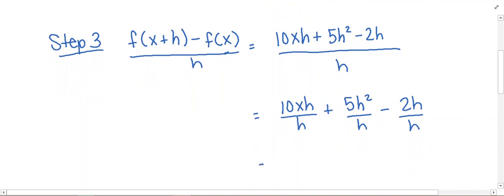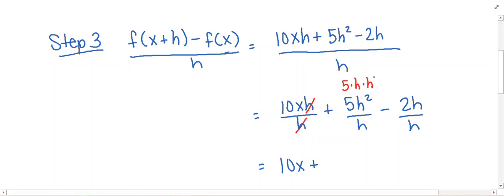Okay, all right, now let's simplify each piece. 10xh over h. I have an h in the top and an h in the bottom. They cancel. h divided by h is 1. That is going to leave us with 10x. Keep your plus sign. Moving to this middle piece, the top part, 5 times h squared. Remember, that's 5 times h times h.